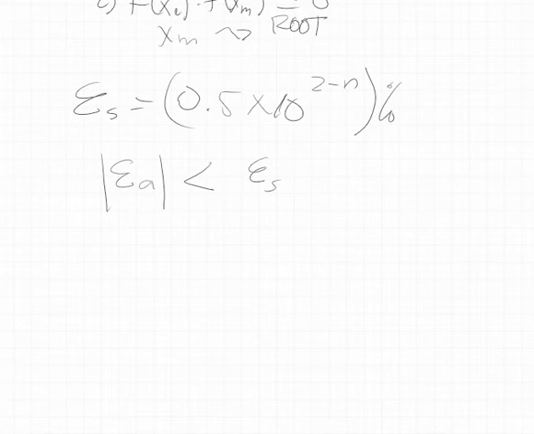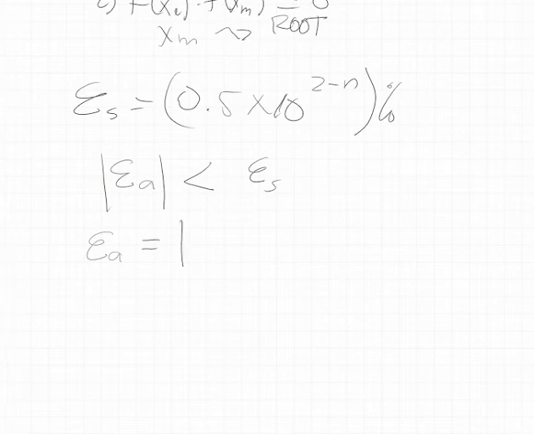So how do we solve for the approximate error? Approximate error is still equal to the difference between the previous and the new value divided by the new value, times 100.